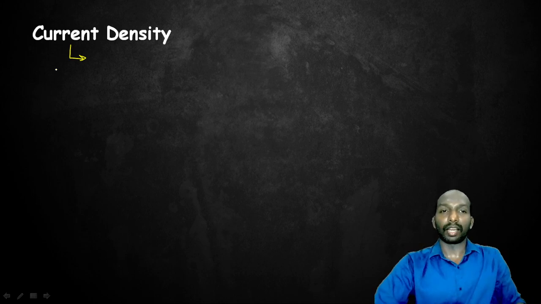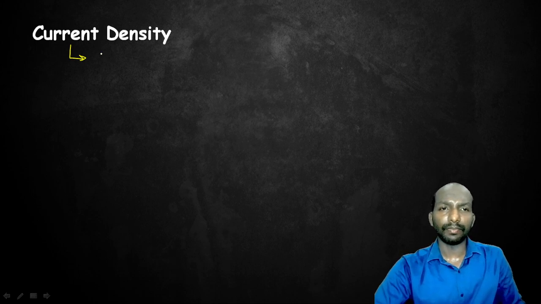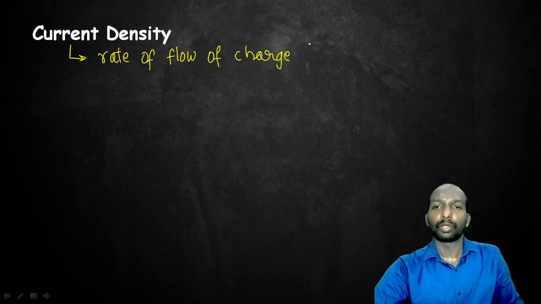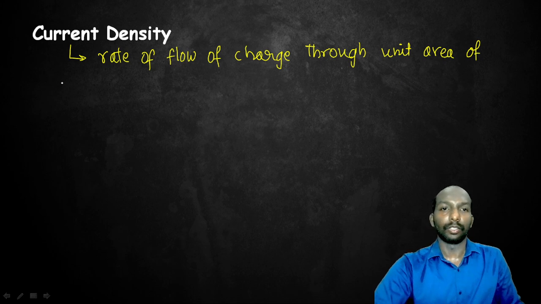But current density is the rate of flow of charge through unit area of cross section.